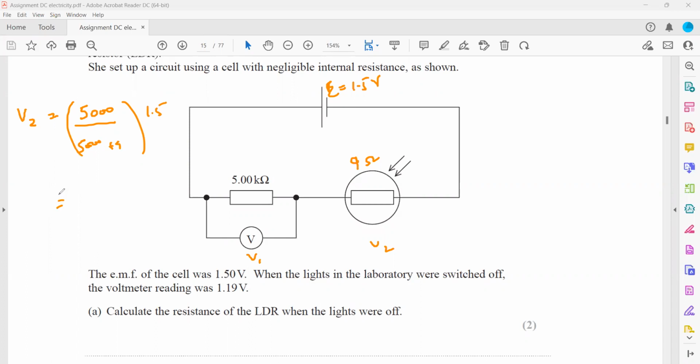So 5000 divided by 5009 times 1.5. Yes, this is V1, not V2, because I said the voltage across the fixed resistor is V1. So what voltage will we get? About 1.497 volts.